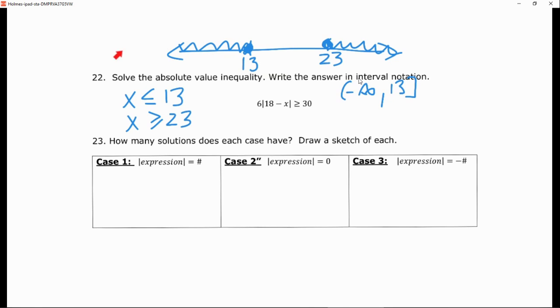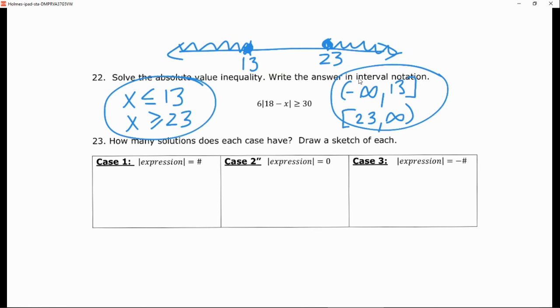I would say from 23 to positive infinity. Remember that nothing is ever included at infinity, so we don't put brackets around infinity. Let me correct that for you guys. There. So this is interval notation.